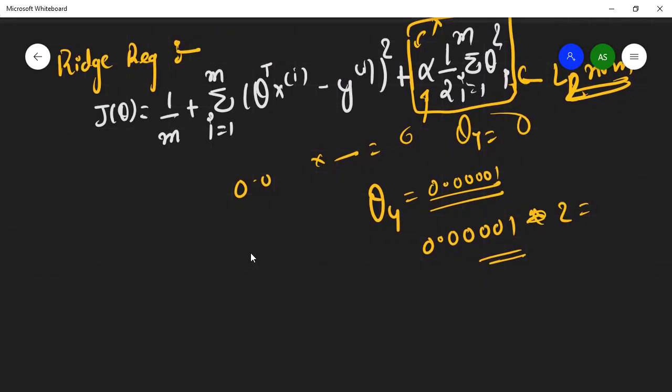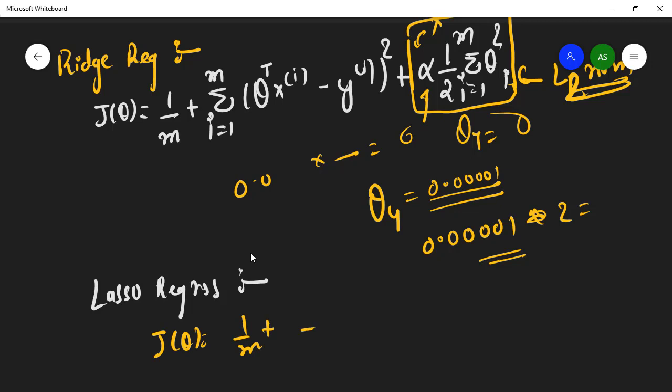Then we have something called lasso regression. Lasso regression uses the L1 norm instead of the L2 norm. It also penalizes the theta value, but I will tell you what it does differently. Theta equals whatever your cost function is, plus the regularization term, with i equals 1 all the way down to m.